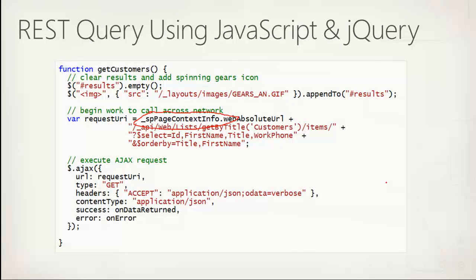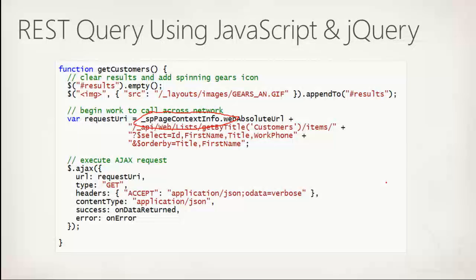That was there in 2007, before many of us were doing any type of JavaScript programming. But the idea is that the web part manager automatically throws this JavaScript object onto every single page so that JavaScript code can quickly get things like the ability to figure out what is the root of the current site or the current site collection. And that's quite often why we use it in REST-based programming.